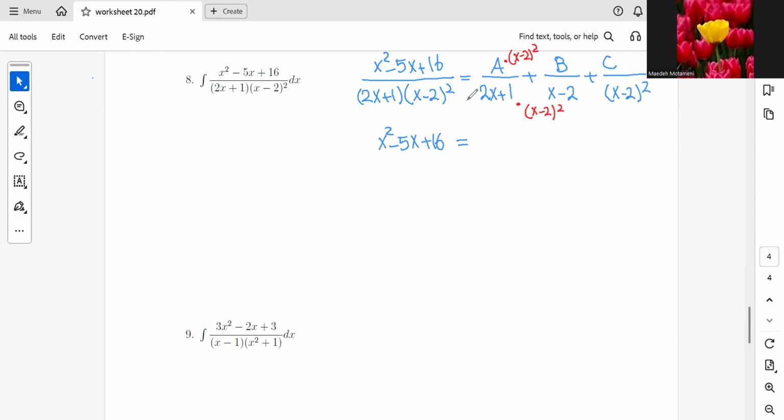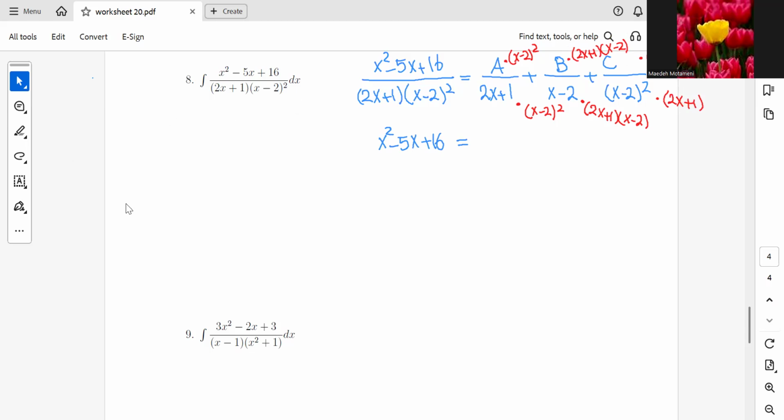For the second one, in order to have the whole denominator, we are going to multiply this by 2x plus 1, and also we need to multiply it by another x minus 2. The same thing for here. So 2x plus 1 times x minus 2. And for the last one, it's only multiplying by 2x plus 1 here and here.